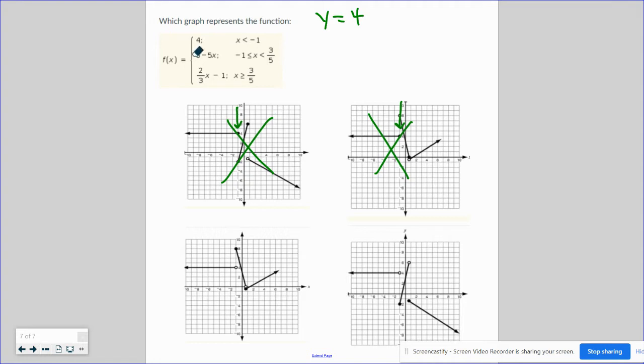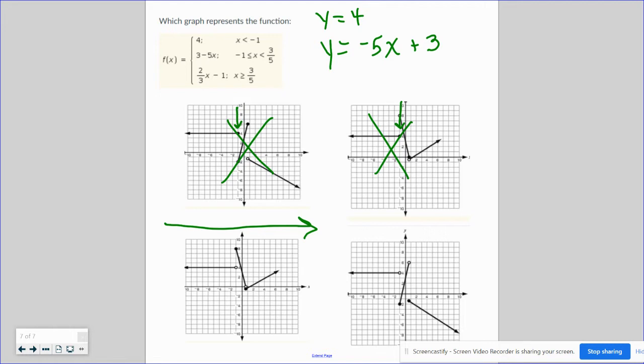Looking at our second function, we have 3 minus 5x. Most of us back in Math 1 and those beginning classes with linear function liked it in the y equals mx plus b form instead of out of order. So that negative 5x means our slope is -5, which means reading from the left to the right, that second function in the middle needs to go down.